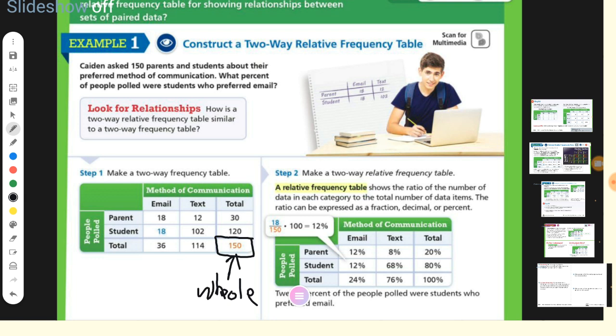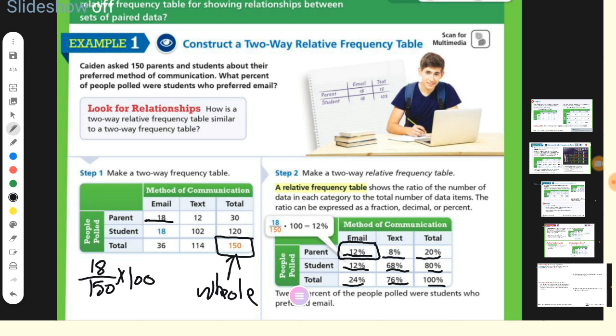Each number I will divide by 150, then multiply by 100, and it will give you the ratio or the percentage of it. We do it for each number separately. As an example, 18 over 150 multiplied by 100 gives me 12%, and so on for all the numbers. So this is how to calculate it.